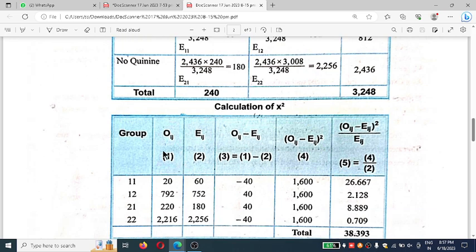Then you have OI, which is observed, and EI. Just now you have calculated this OI minus EI, and you will get minus 40. This OI minus EI, you will get 40. Again OI minus EI whole square you will do; minus 40 square is 1600, and 40 square is 1600.